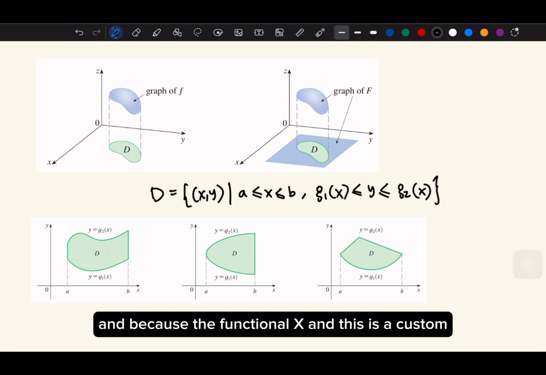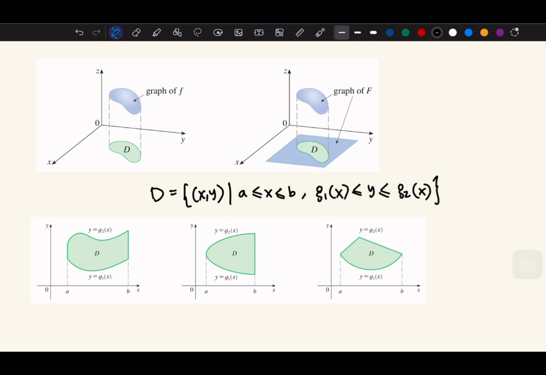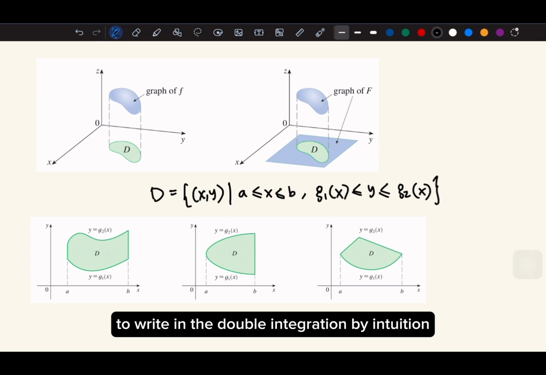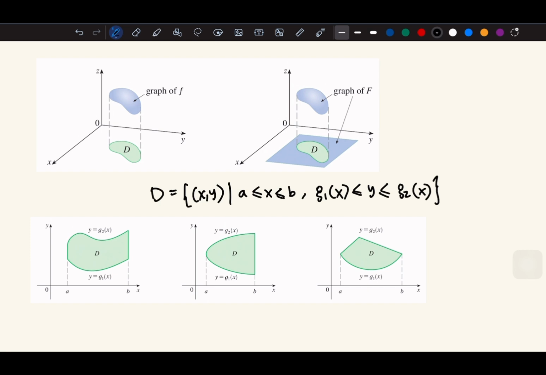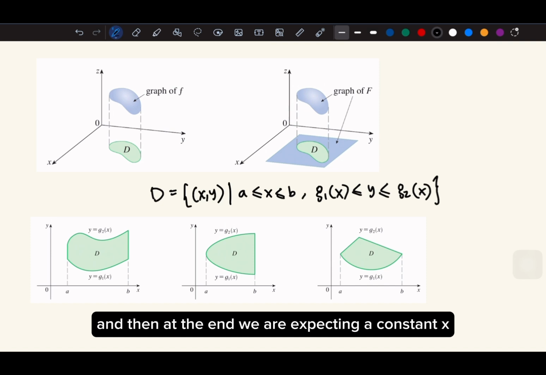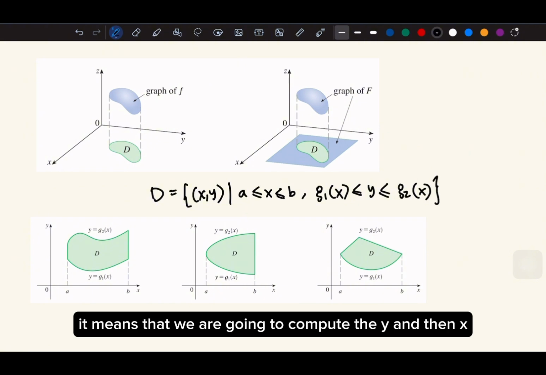And because it's a function of x, and this is a constant, to write the double integration, okay, by intuition. We are not yet going into detail on how we are supposed to do it, but by intuition, because this is a function of x, and at the end we are expecting a constant x, then this function of x needs to be computed first. So when this happens, it means that we are going to compute dy and then dx. So this will be dy dx, okay? Because the constant is x.